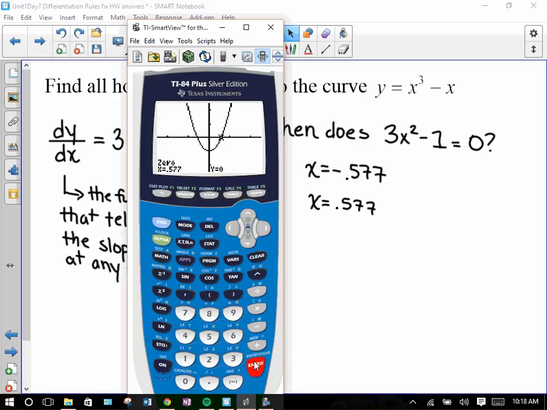So we can graph that and see what it actually looks like. You have x cubed minus x.